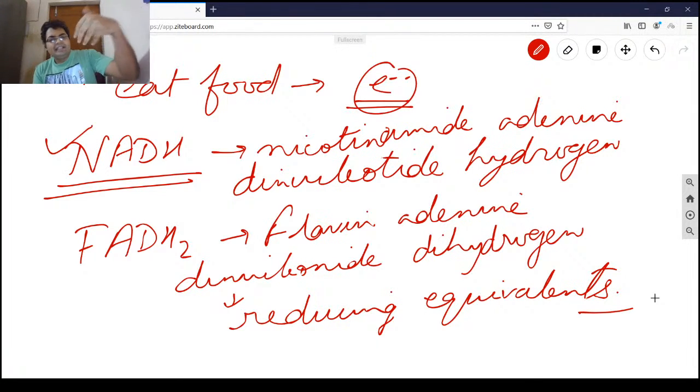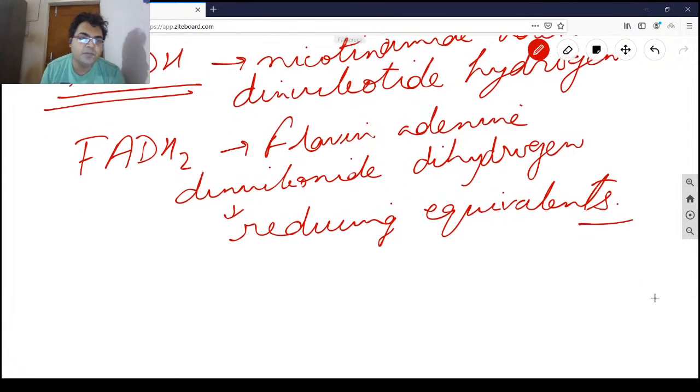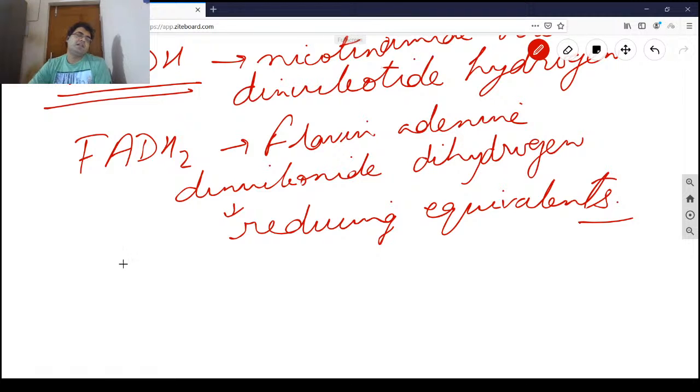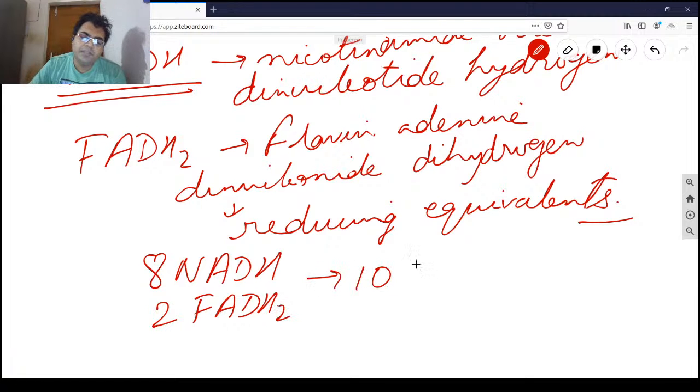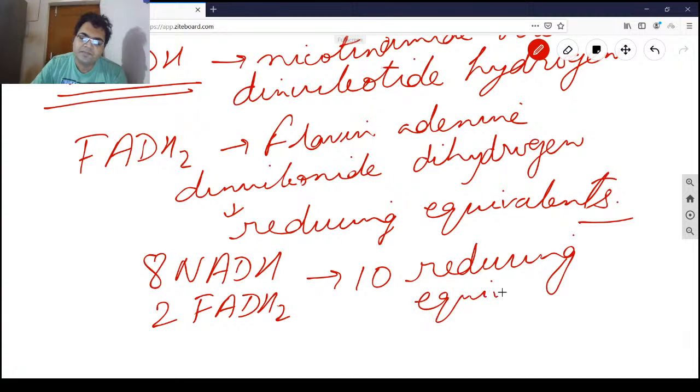In total, the two pyruvate molecules produced in glycolysis, when they completely go through the Krebs cycle, give us 8 NADH and 2 FADH2. So we get a total of 10 reducing equivalents, which are carrying electrons. They are simply electron carriers.